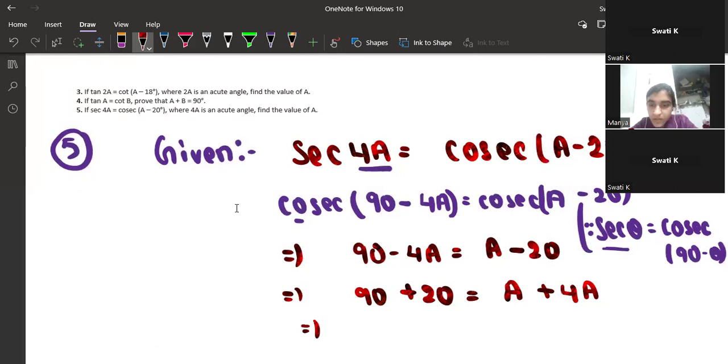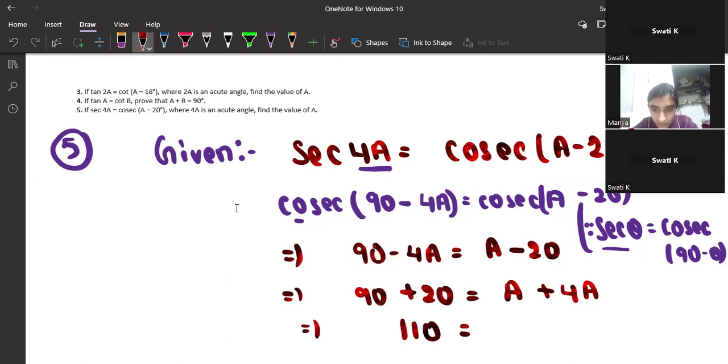90 plus 20 is 110. Very good. So 110 is equal to A plus 4A, which is 5A.